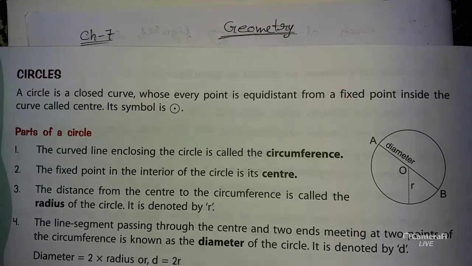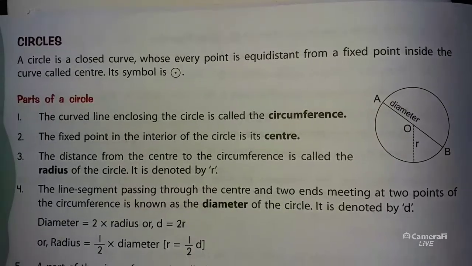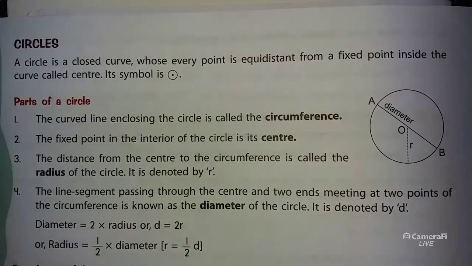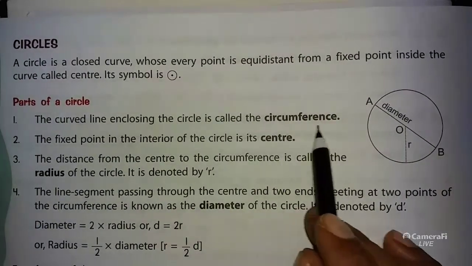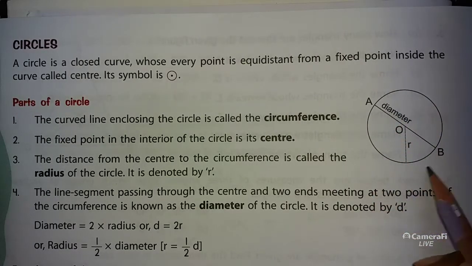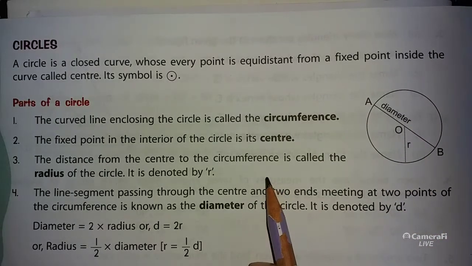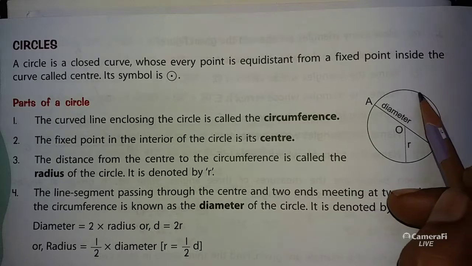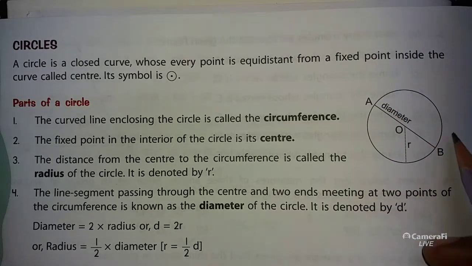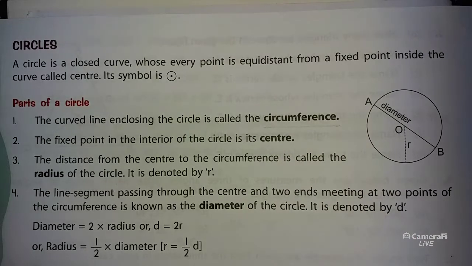Now, parts of a circle. There are so many different parts of a circle. First is the circumference. What is circumference? See, here is a figure beside. The curved line that we get from the figure, this outer boundary line, is called its circumference.